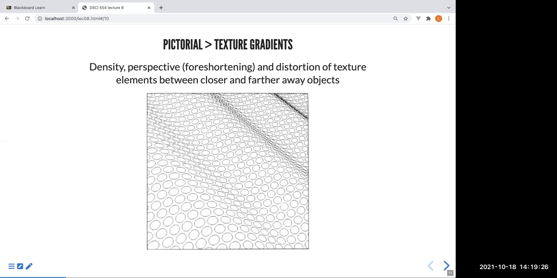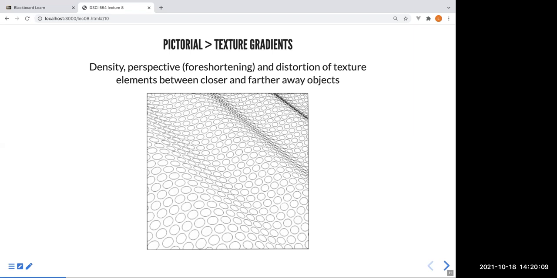Let's see what happens. So here the illusion is created by the fact that the circles are slanted, and they're closer together on the sides of this wave, corresponding to the back side of the wave. And that is basically what happens in real life. If you're looking at sand dunes, for instance, then the objects that are at an angle are going to be foreshortened.